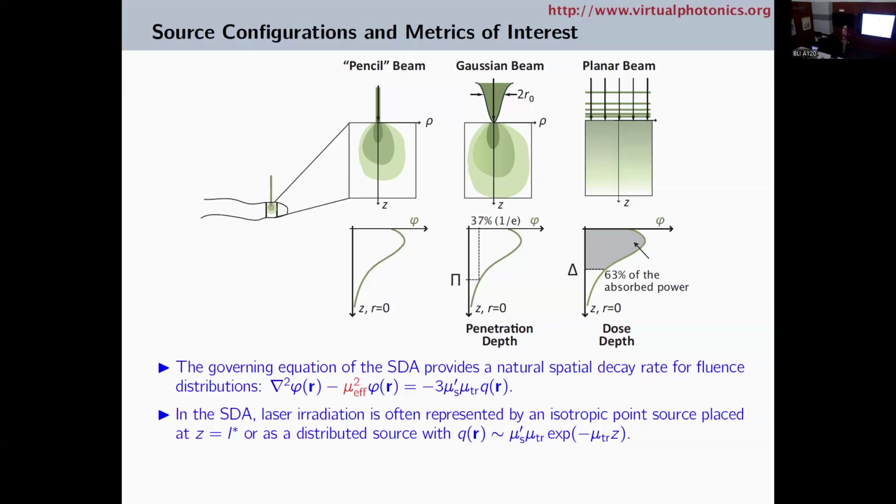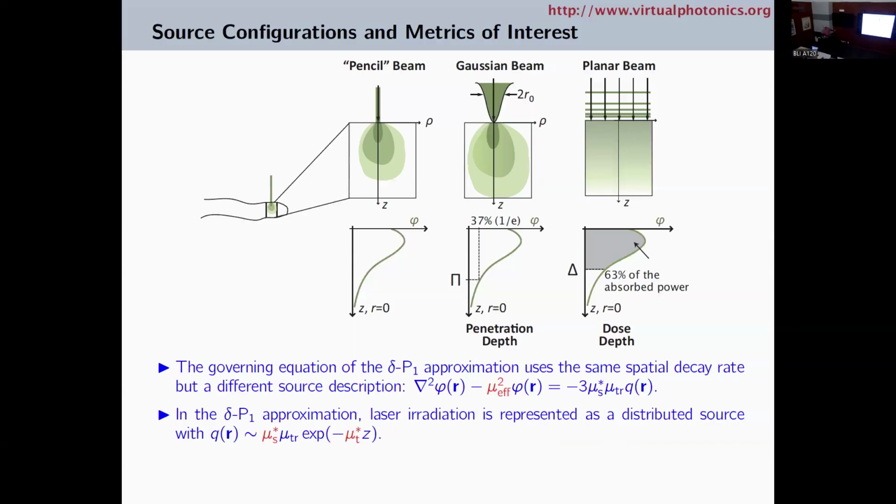And the power of that light is linked to the reduced scattering and the transport coefficient. But there are changes that are made in the delta P1 approximation that make it more effective in terms of the mathematical formulation of that distributed source. And that's linked again to the equations I showed earlier.